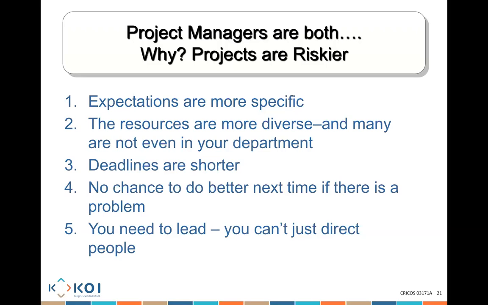When I talk about project managers, they are both. We're working in an environment where things are much, much riskier than what we usually do. Expectations are more specific. Resources are more diverse. You have to manage many, but they're not even in your department. Remember how we spoke about the matrix environment and the functional environment?